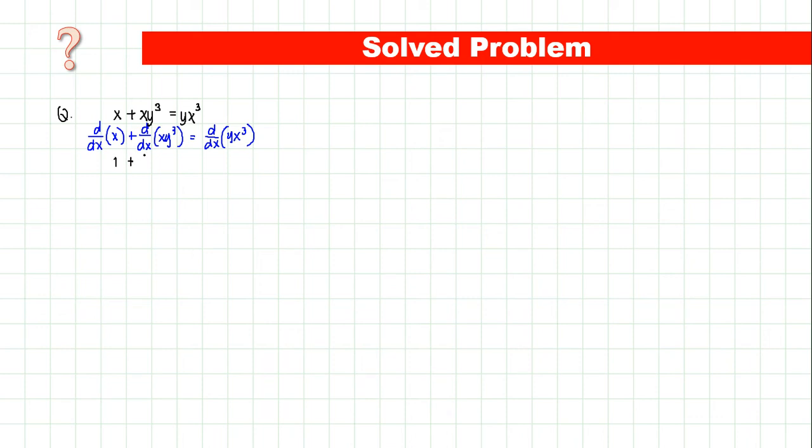Ang derivative naman ng x y cubed, of course, that is a product rule. So first function times the derivative with respect to x ng second function, that is the derivative ng y cubed, plus the second function, right, times the derivative with respect to x ng first function.